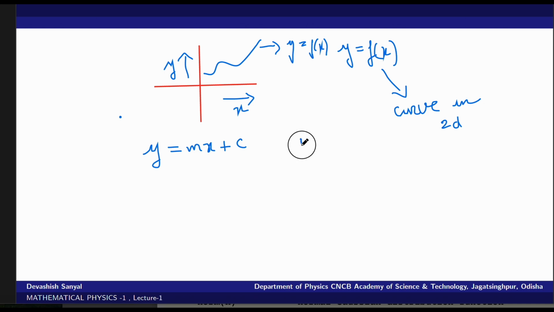If I again draw my coordinates, then y is equal to mx plus c can be a straight line like this.